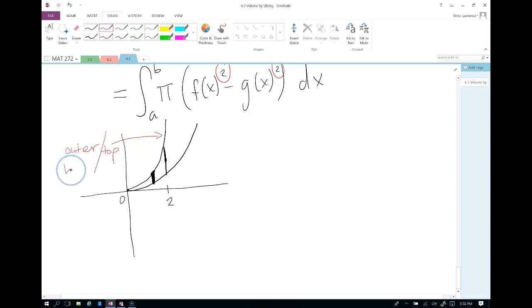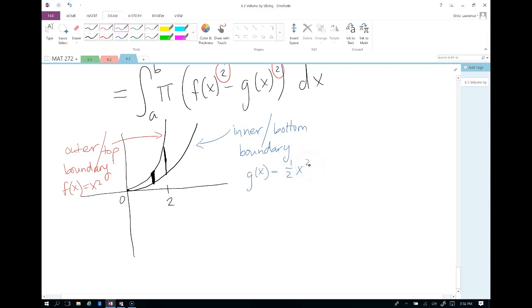Outer or top boundary is our f of x equals x squared. And then our inner or bottom boundary is the g of x equals 1/2 x squared.